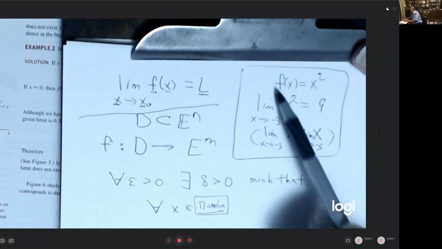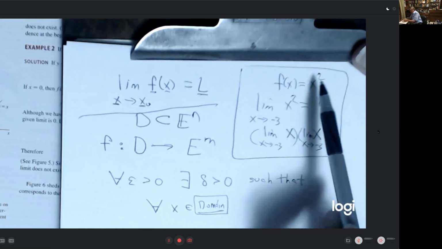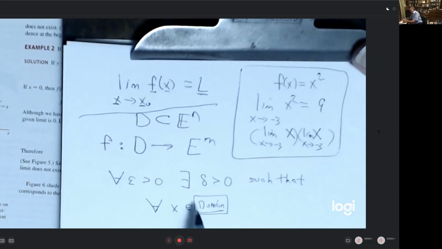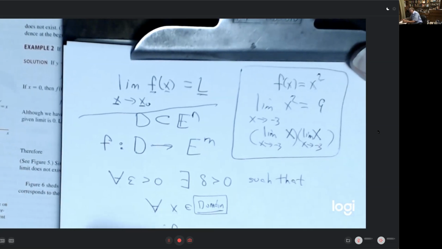So the domain here would be R, the real numbers, or E1, which is another name for R for us. Anyway, this says for every epsilon, there's a delta such that for any x in the domain. So for this function up here, by my right thumb, that's any real number. Then we have an if-then sentence, and the if says if 0 is less than, it looks a little complicated.